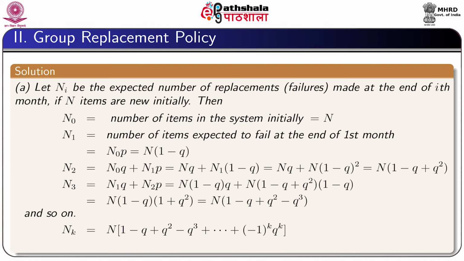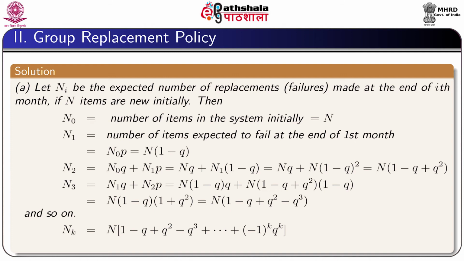Let capital N_i be the expected number of replacements or failures made at the end of ith month if n items are new initially. Then N_0 equal to number of items in the system initially, which is equal to n, N_1 equal to the number of items expected to fail at the end of first month, which is equal to N_0 into p.